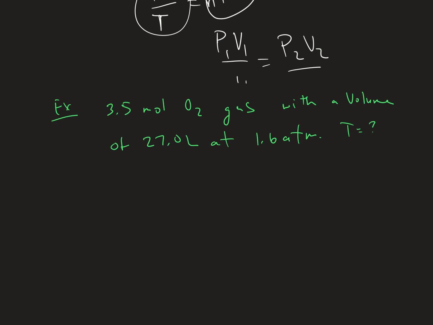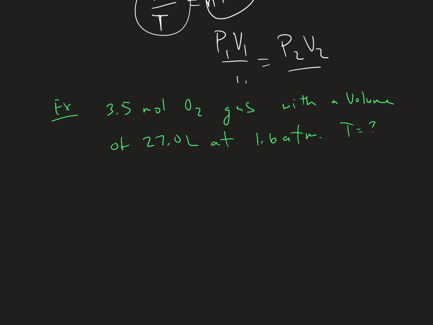On the exam, it's not going to tell you what equation to use. So how do we know not to use one of the individual gas laws or the combined gas law? Because it gives us moles, liters, ATM, and temperature.